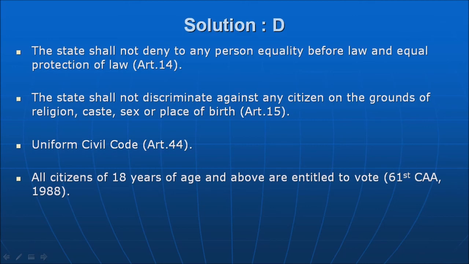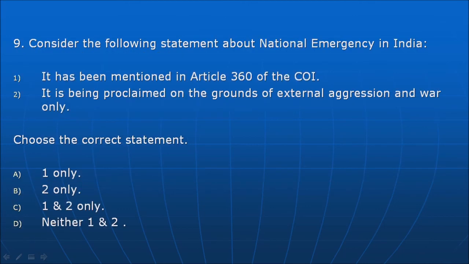9th question. Consider the following statements about national emergency in India. Please keep this in mind. First statement: it has been mentioned in Article 360 of the Constitution of India. Second: it is proclaimed on the grounds of external aggression and war only.